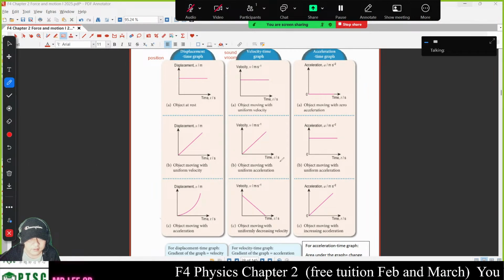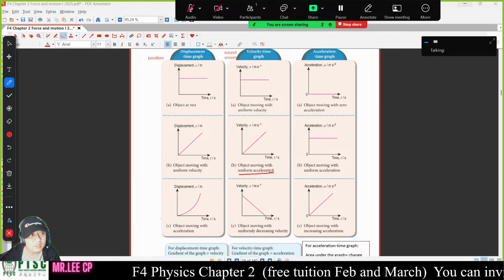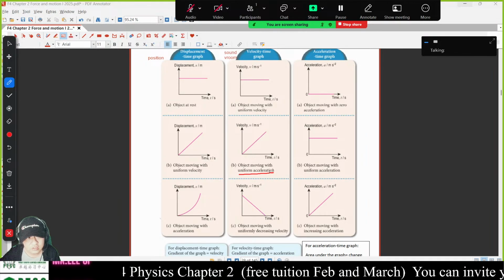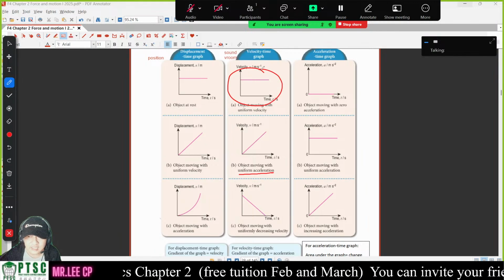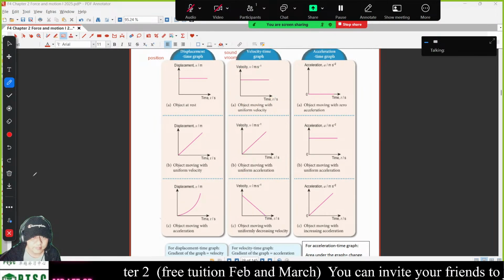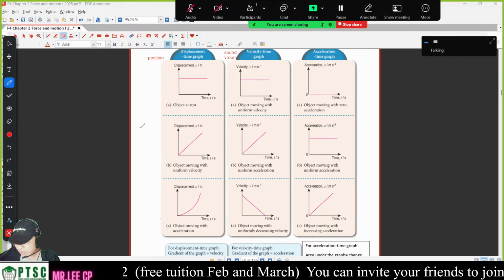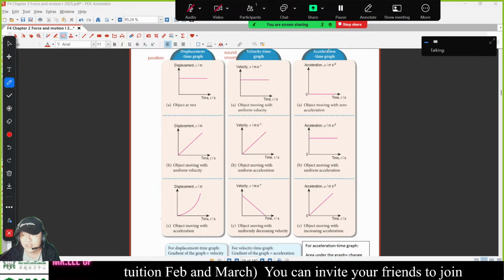Now what is this motion here? As I told you, this is called uniform acceleration. Not uniform velocity. Uniform velocity is like that, must be VT graph. Now the next one is the acceleration time graph.